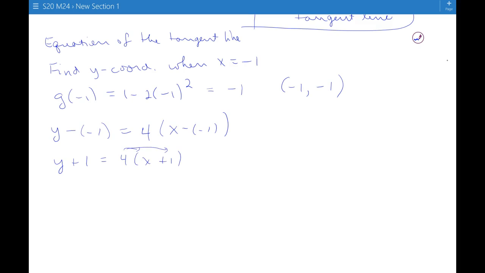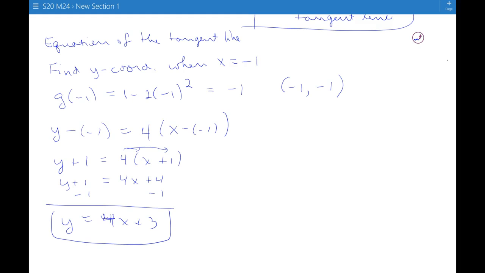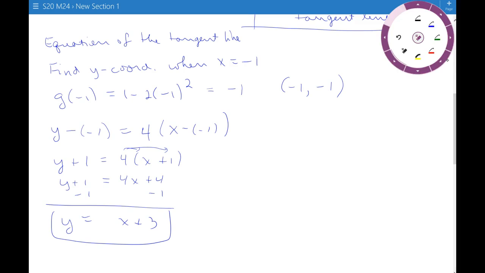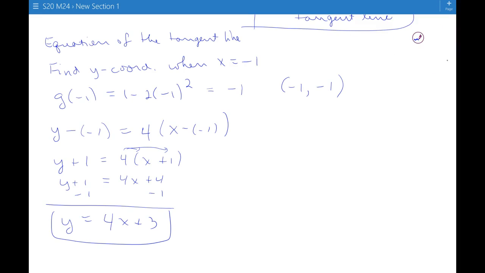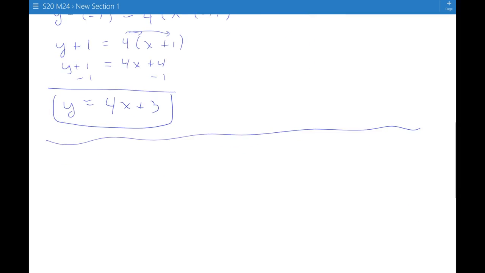Let's distribute the 4, get 4x plus 4 on the right, subtract 1, and get y equals 4x plus 3. So this is the equation of the tangent line to the function g of x. Let me make that 4 look better. At the point where x is -1. Okay, so that's the first example.